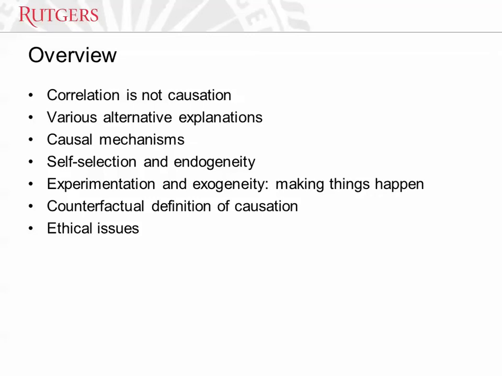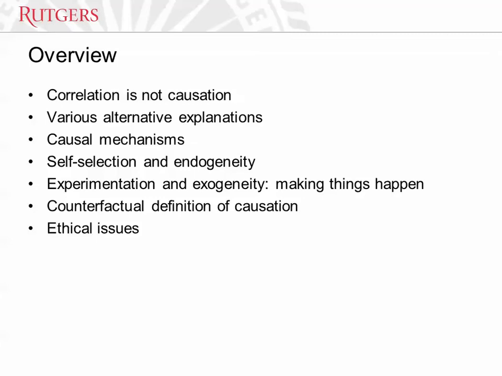And then we'll take a look at the basics, one of the basic first steps for getting at cause and effect, which is experimentation and exogeneity, or trying to make things happen. And I'll obviously explain that.